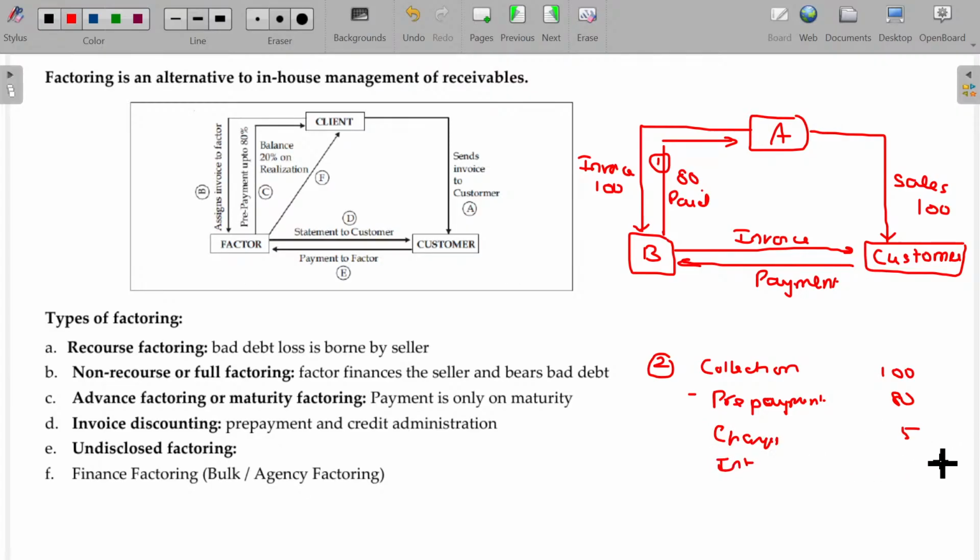As prepayment is made, interest will also be deductible, probably 2 or 3 rupees. And what about the bad debt if the amount is not recovered? Maybe around 5 rupees not recovered. So overall 92 rupees deducted, balance 8 rupees finally paid.